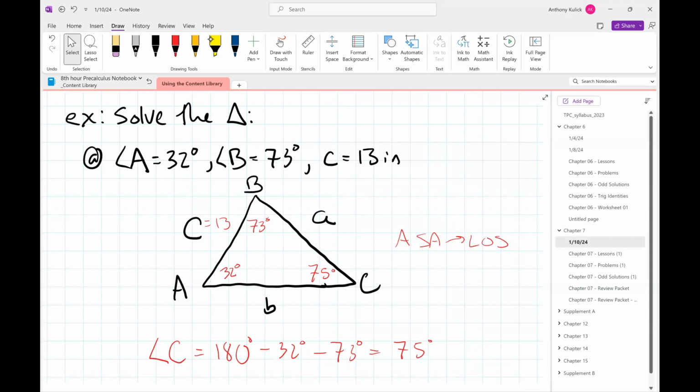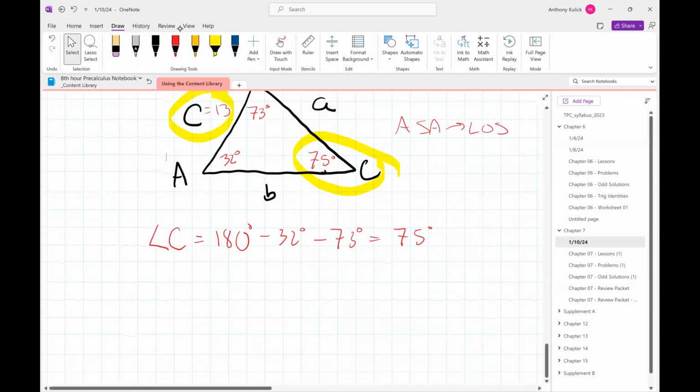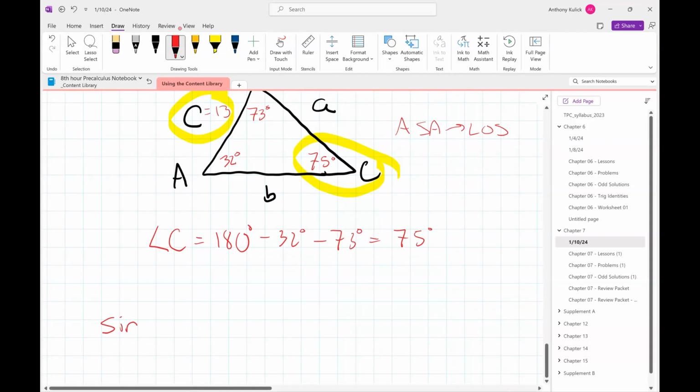In this case, it is C, right? Because I know angle C and side C. So I'm going to start my law of sines by saying sine of 75 degrees over 13.